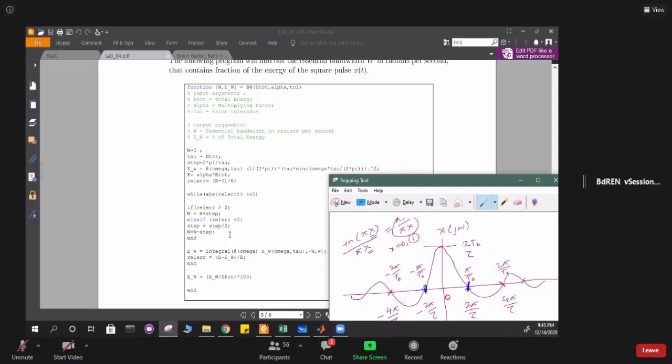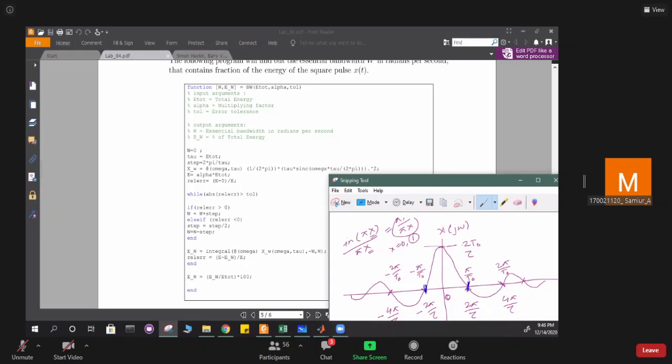So we are checking the zero crossing of the j omega axis. The first zero crossing occurs at the tau value. Every time our relative error is not fulfilling our criteria, we are increasing the bandwidth w. If the relative error is greater than 0, that means we are going in the right direction, at the positive axis, so we will be looking for the next zero crossing.